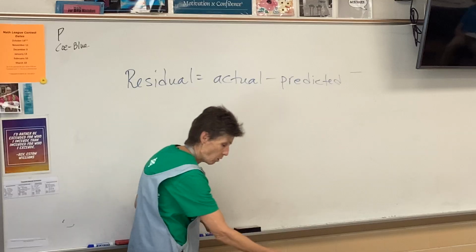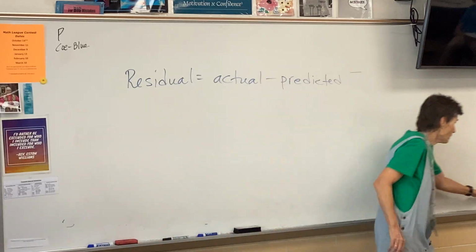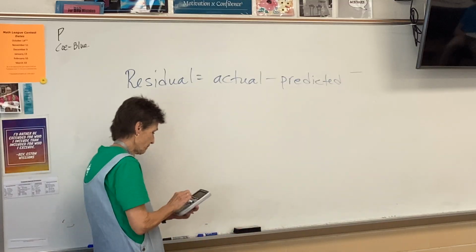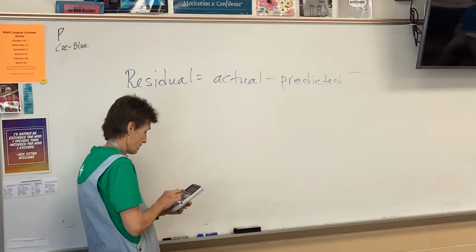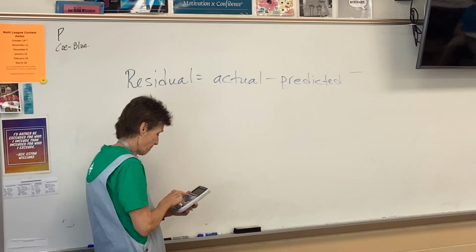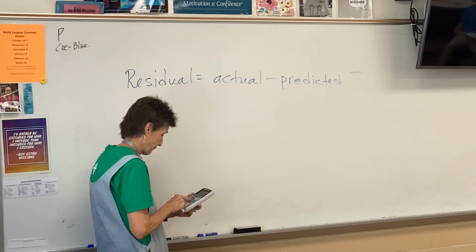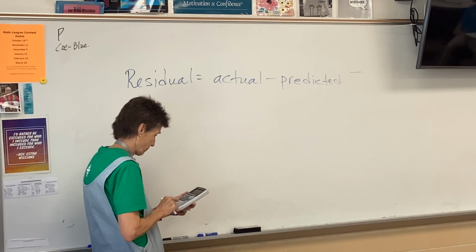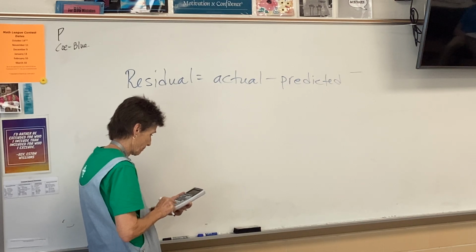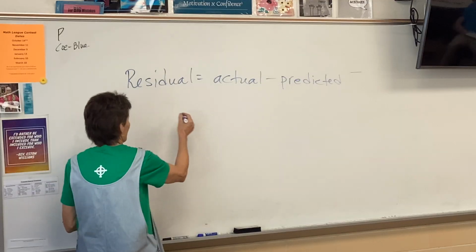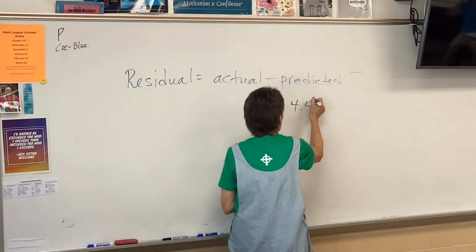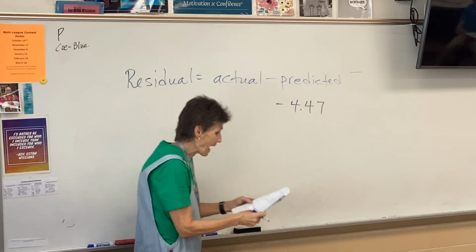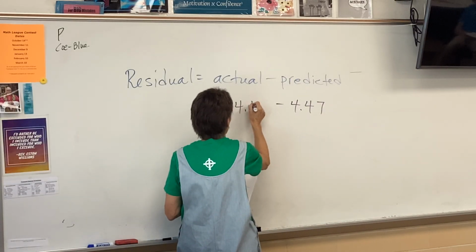Okay, so for a 5-pound baby, what did our model say? What was our equation? For a 5-pound baby, our model said 4.47. For a 5-pound baby, the actual data was 4.4.